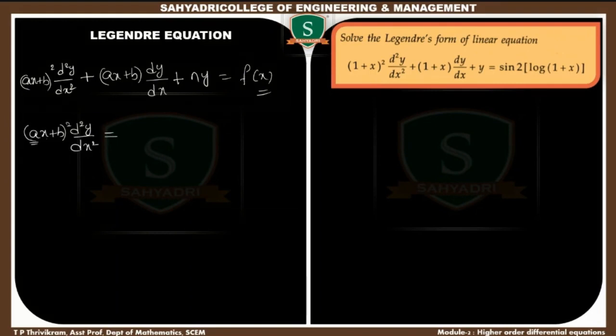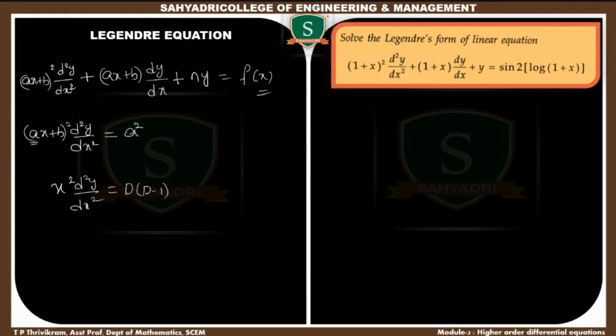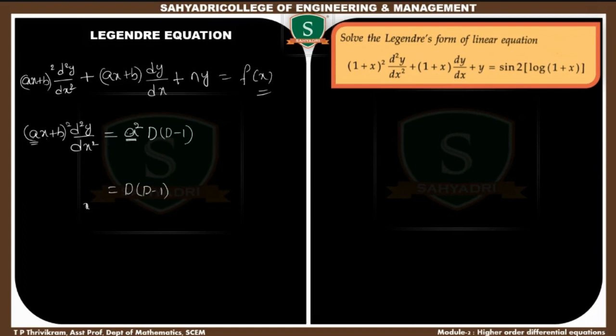That power you have to give for that. So x quotient power, that means a square. So what you will do if you have x square d square y by dx square? This is nothing but d into d minus 1, right? So extra, this one only will come, so that means a square into d into d minus 1. Okay, so in this way we will denote it.